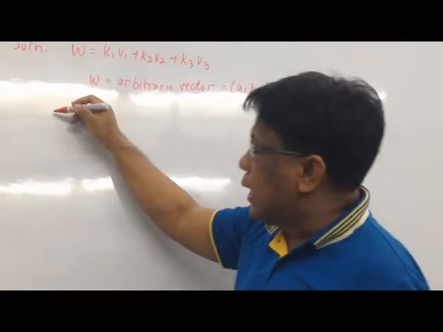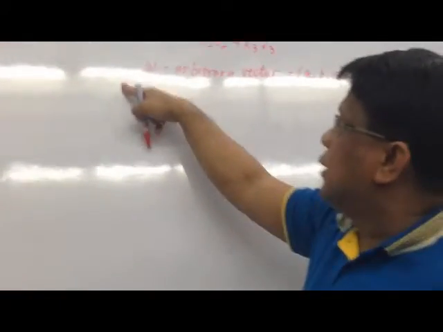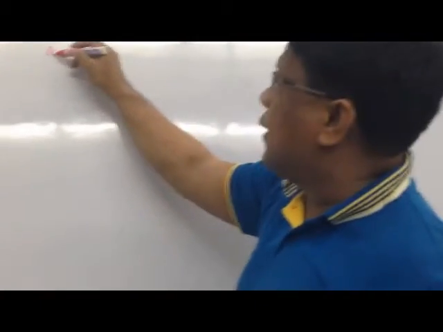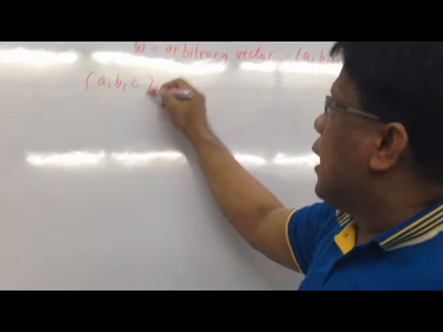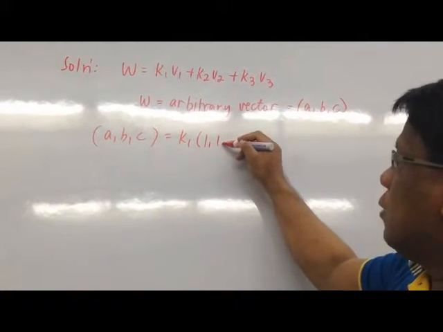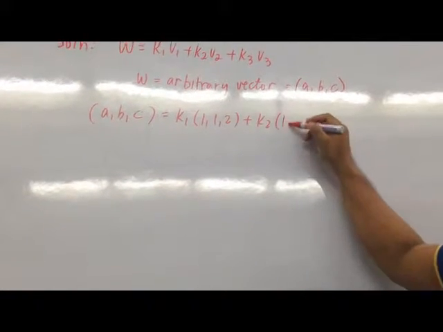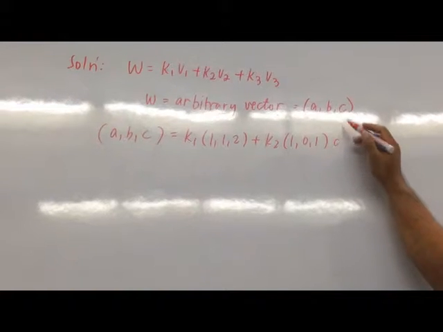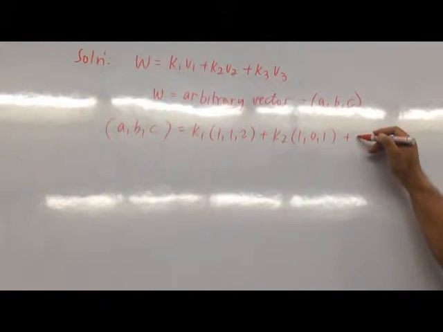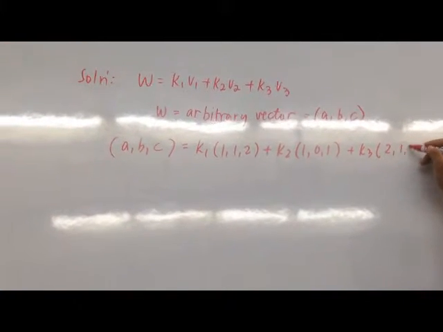Okay? So let us now have the formula used here, class. So where W now is A, B, C. And then we have K1 times V1, 1, 1, 2. Then K2 times V2, 1, 0, 1. And K3 times V3, 2, 1, 3.